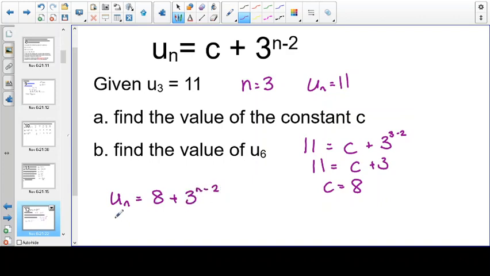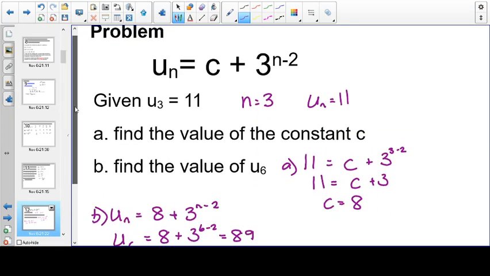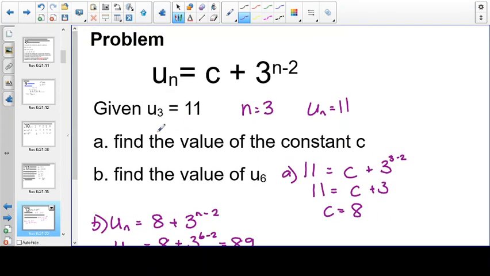So now if we want u6, we just need to put 6 in. So it's going to be 3 to the 6 minus 2. Well, that's 3 to the 4, which is 81. 81 plus 8 is 89. Okay. So just a little test on the understanding of what everything means there.